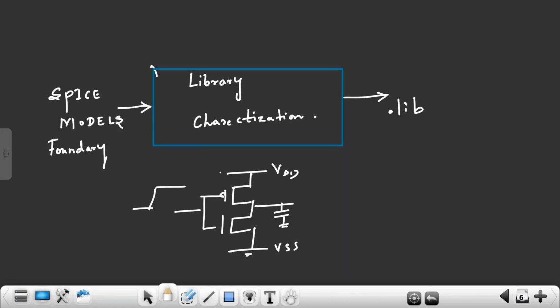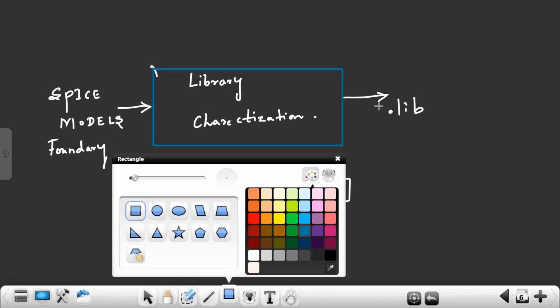They will draw the CMOS circuit for all the gates: inverter, NAND gate, NOR gate, and calculate delay and power consumption, and give it in a .lib file.